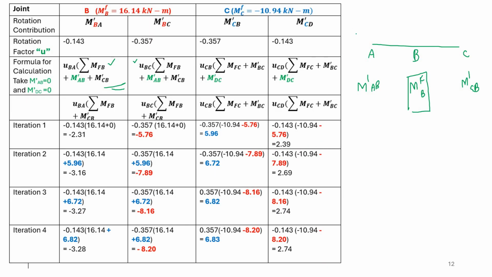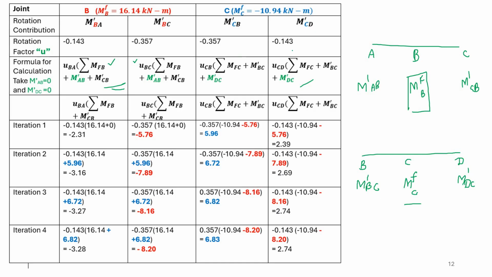Now suppose you want M dash BC. How will you calculate M dash BC? Suppose you take this as C and this is B. Now here you have to calculate MFC. Here you have MF DC farther end, and here you have M dash BC. Now you can verify the formula here. It is equal to MFC plus M dash BC plus M dash DC.